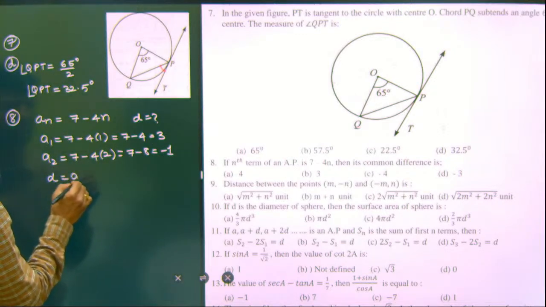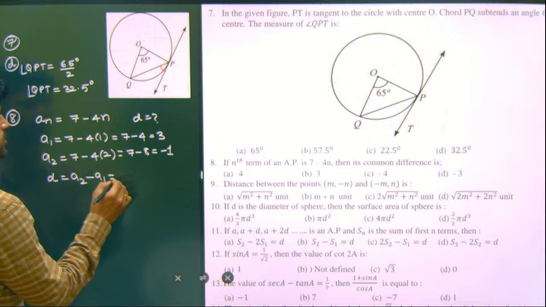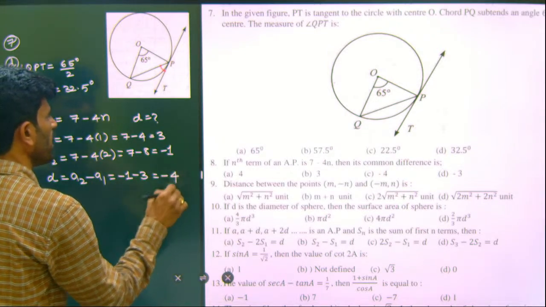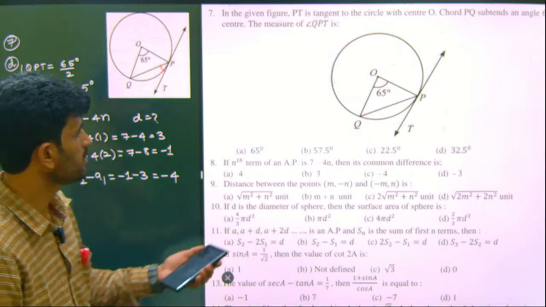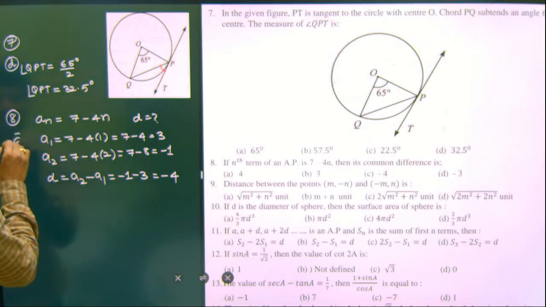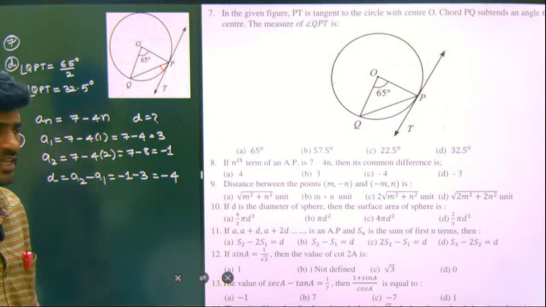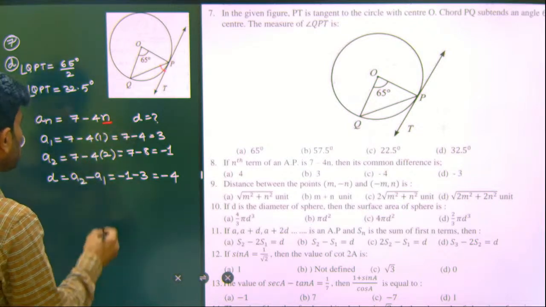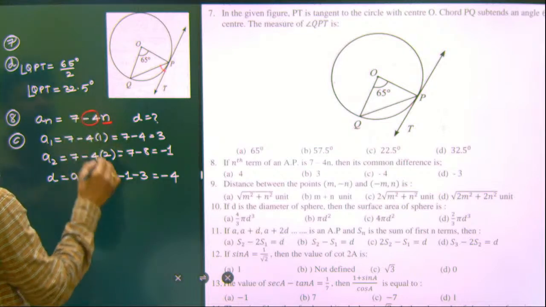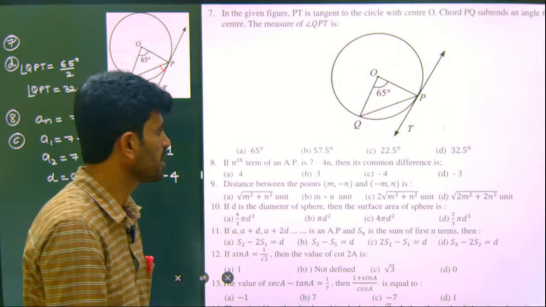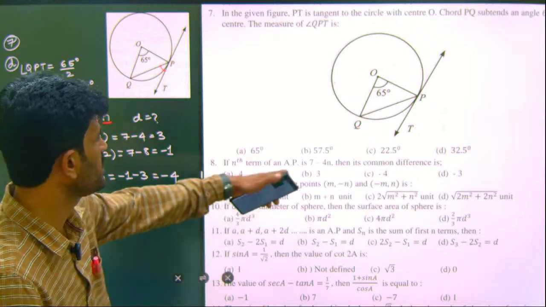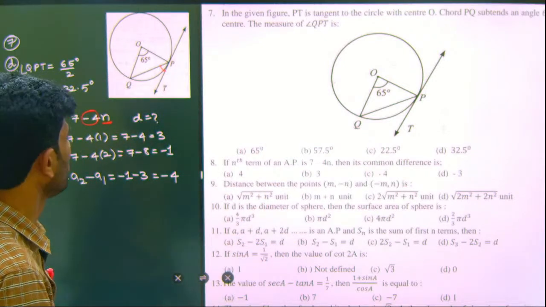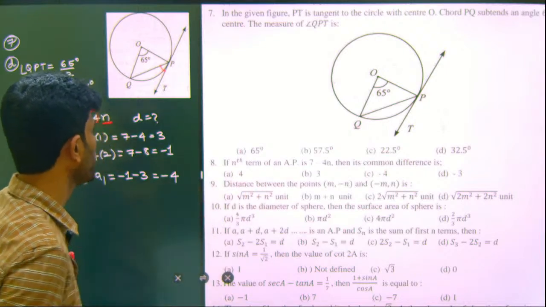D is equal to A2 minus A1. So minus 1 minus 3, which is minus 4. So option C. Here easy technique to find out D: D is the coefficient of n. What is the coefficient of n here? Coefficient of n is minus 4. D is minus 4. To get quickly, you can follow like that. Whenever an is given, coefficient of n is only D. Question number 8, minus 4.